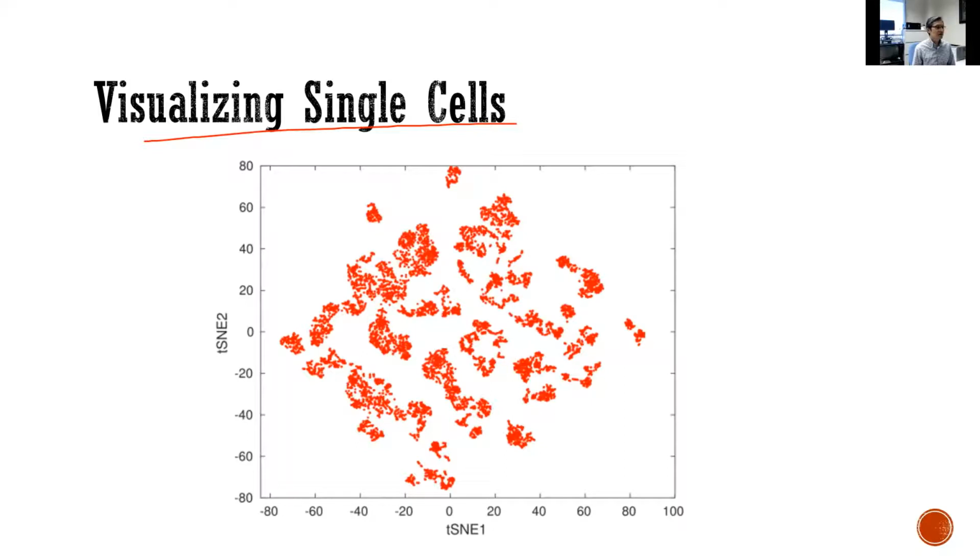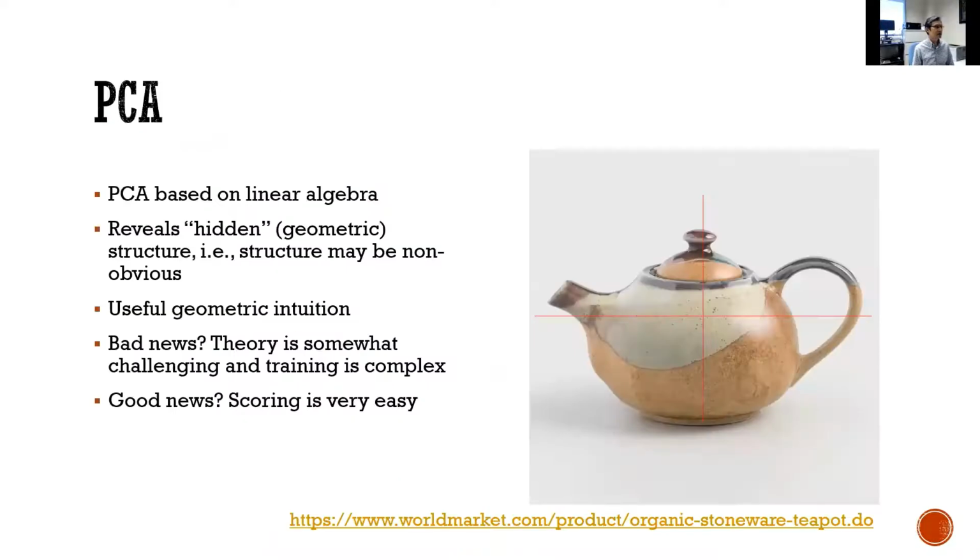So for the first algorithm, I'm not going to go directly into tSNE, but I will mention PCA. PCA is based on linear algebra, and this is a very mature algorithm which has been around for many years.